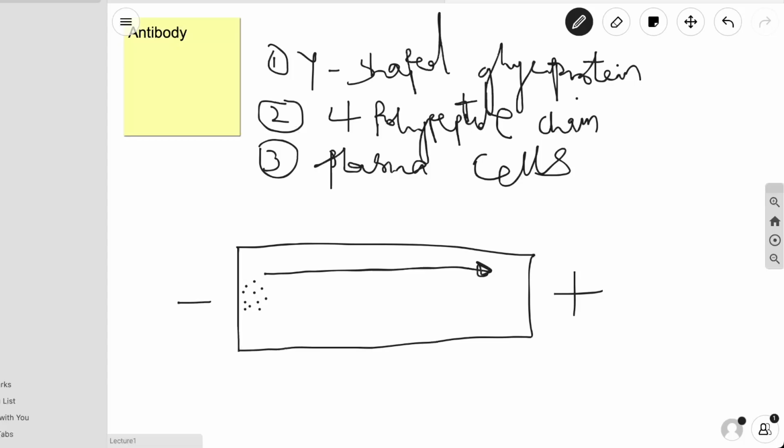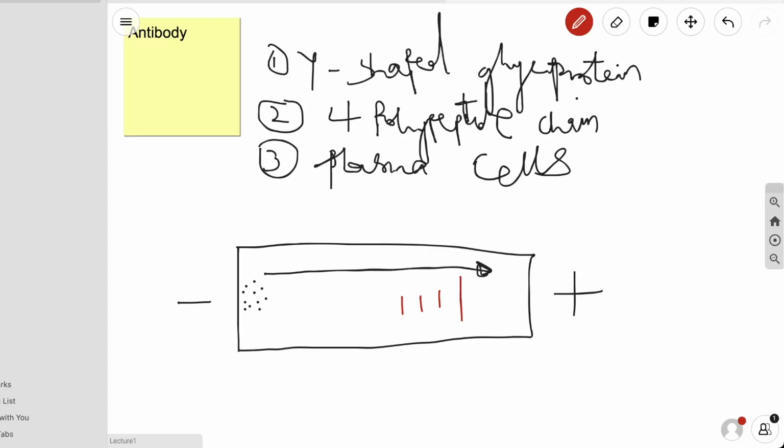Now, the question is, during this movement, are they moving slowly or are they moving faster? The answer is that these plasma proteins are so heavy that they tend to move slowly. The heavy ones will tend to be at the back.